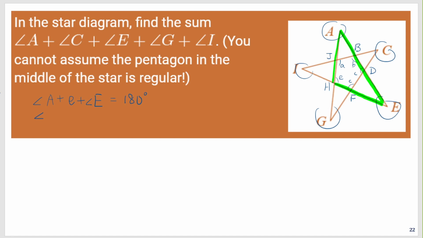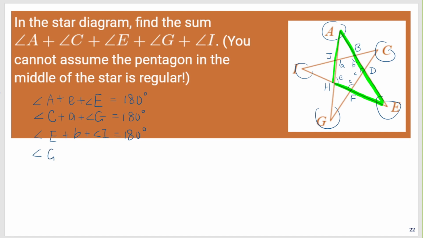And if you consider another triangle, then angle C plus A plus angle G is also 180 degrees, right? Similarly, we have angle E plus angle B plus angle I is also 180 degrees.